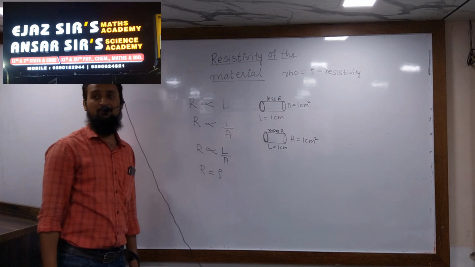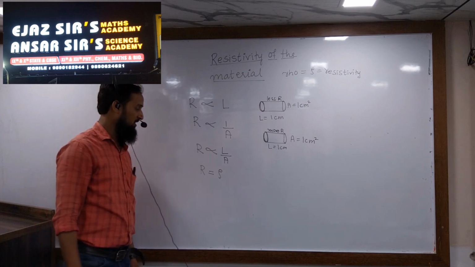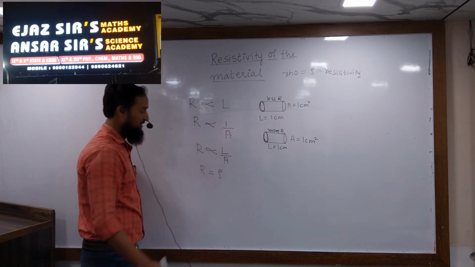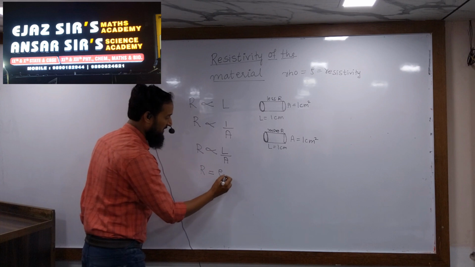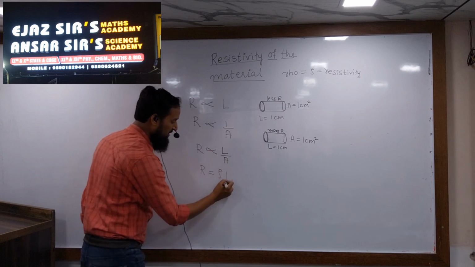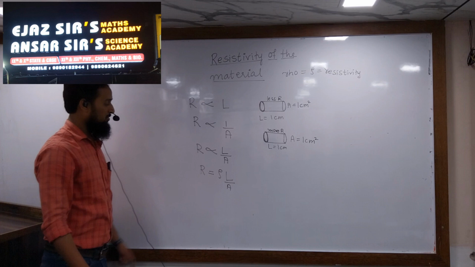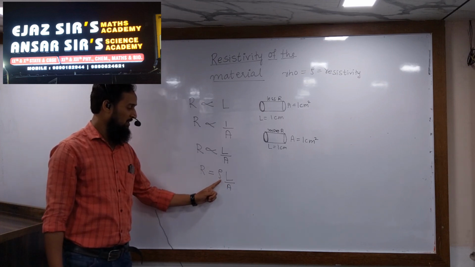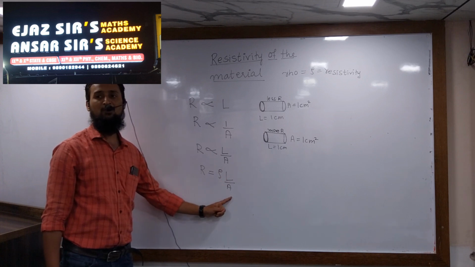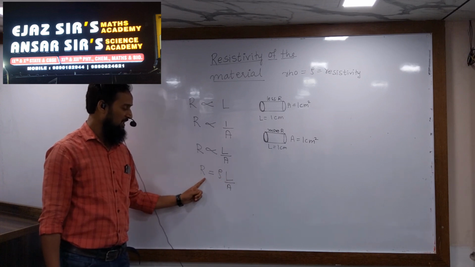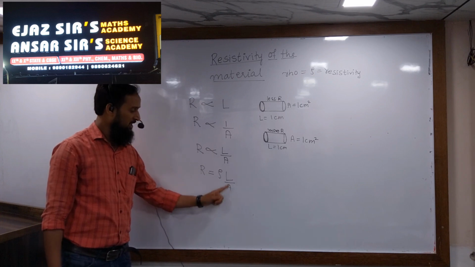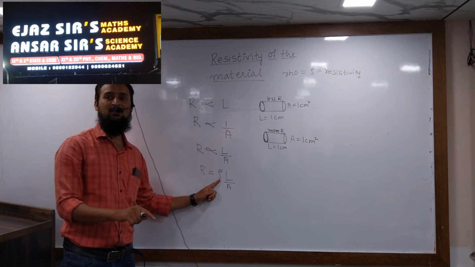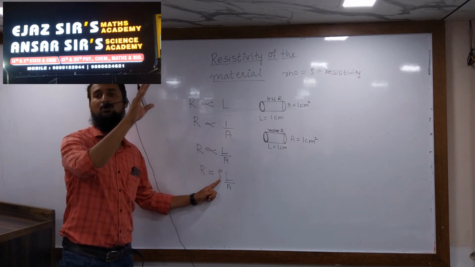Do not get confused between resistance and resistivity. It is like P with a curved tail. So the formula is resistance equals resistivity multiplied by length divided by area of cross section. Resistance depends on area of cross section, length and resistivity, which is constant for a particular metal at a constant temperature.